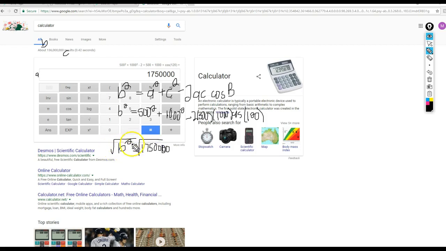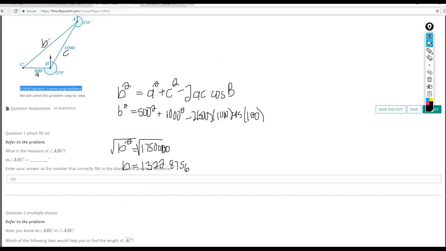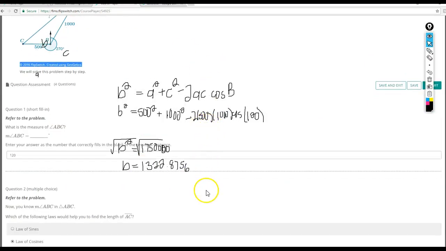So the square root of b squared is b, and that's going to equal the square root of 1,750,000, and that is going to equal 1,322.8756. Now that is a much more logical distance that it had traveled.